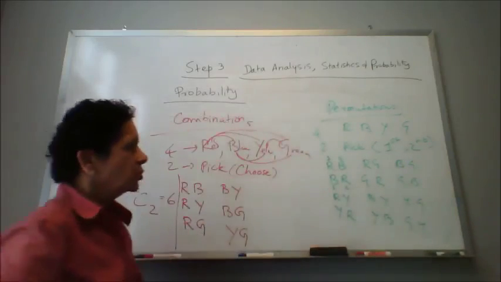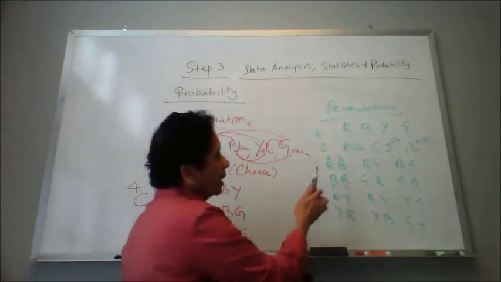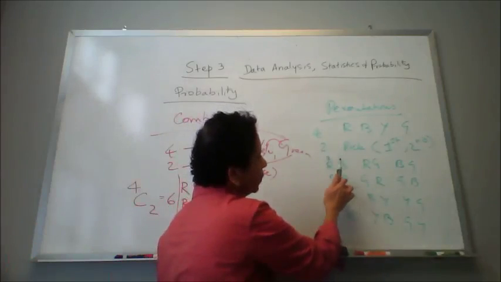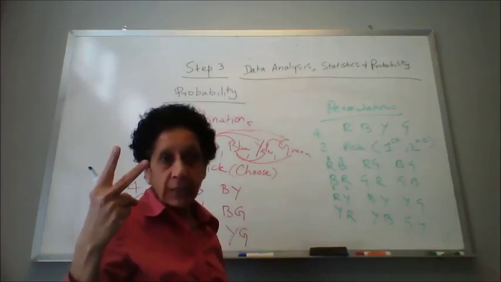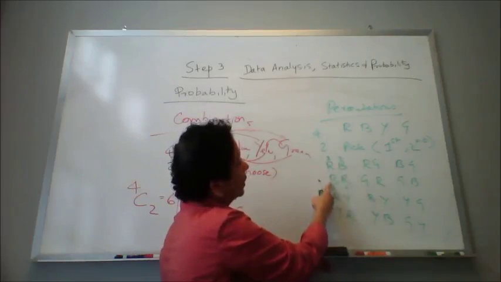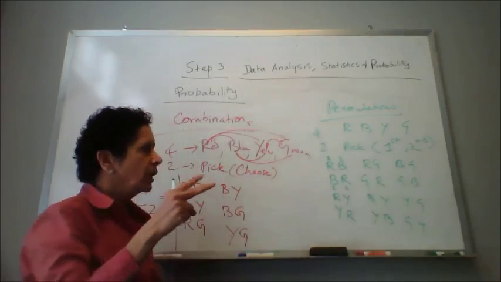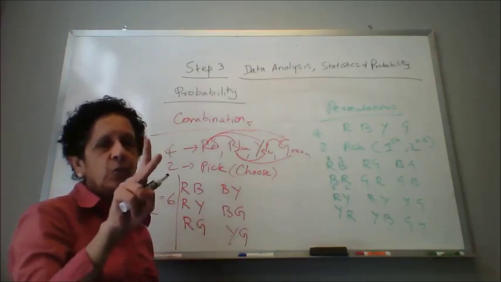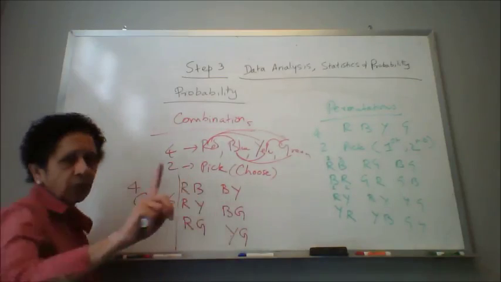Now you can actually see that the order does matter, so I'm counting red, blue and blue, red as 2 different possibilities, because that is true: first prize, second prize, red and blue, blue and red. So red and blue is considered as 2 different sequences. But in the combination case, red and blue is just 1.